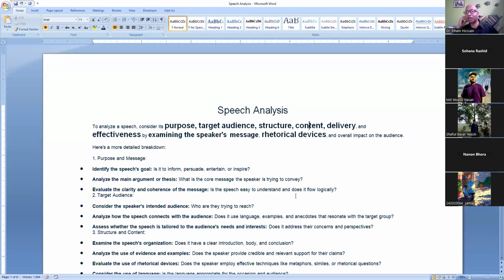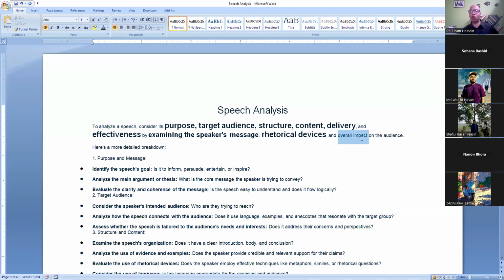So if you can create this kind of situation while you are delivering a speech, you must be a successful speaker and your speech must be effective. So if you want to make your speech effective, you have to employ some rhetorical devices. Okay. So rhetorical devices are to be marked during the analysis of the speech.